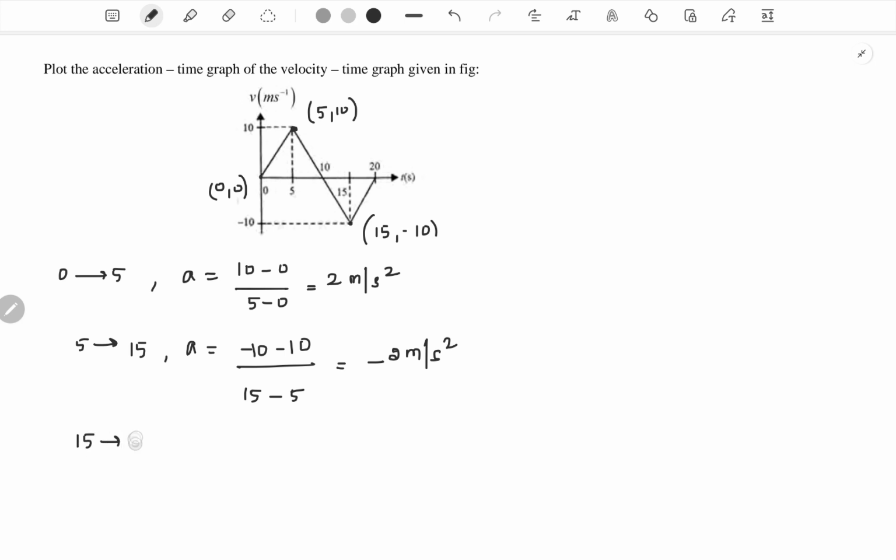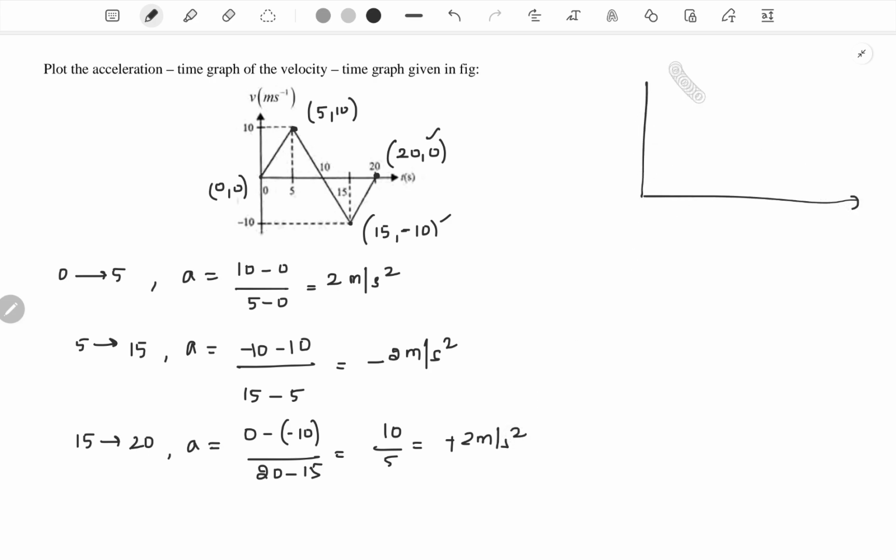And then from 15 to 20, look at the point at t equal to 20. This has coordinates of 20 comma 0. So the slope of the line, which would be acceleration, is given by y2 minus y1 divided by x2 minus x1, which is equal to 10 by 5, which is equal to plus 2 meter per second square. These are the accelerations.